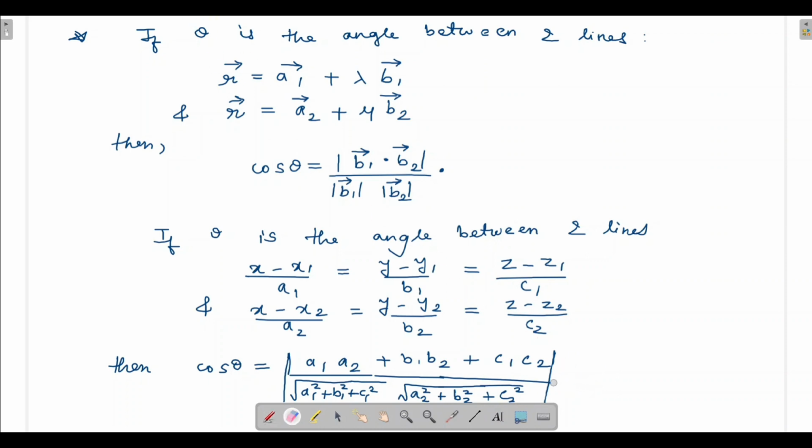Okay, so this is the first part of the theory which will be used for solving the exercise 11.2.